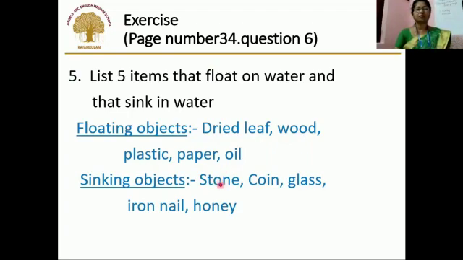Stone, coin made of metal, glass, iron nail made of metal. Honey is a liquid which is also denser than water. Oil floats on water, which is a liquid. Honey is also a liquid but sinks in water. Okay, clear.